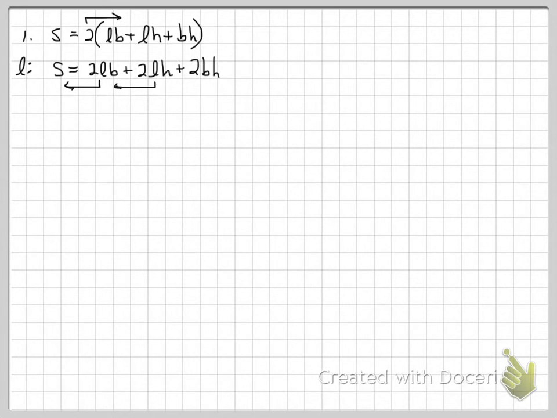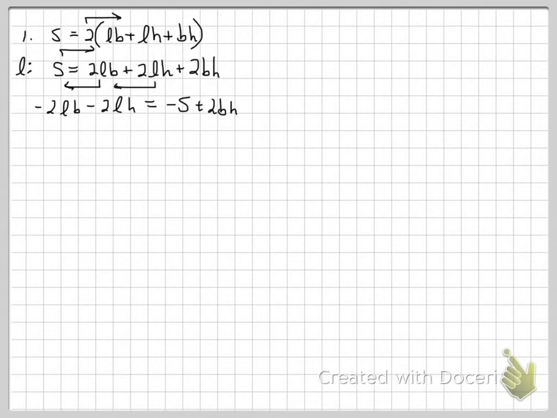So this becomes a negative 2LB minus 2LH, and everything else goes to the right side of the equation, and I'll get negative S, I could write it the other way, but plus 2BH.